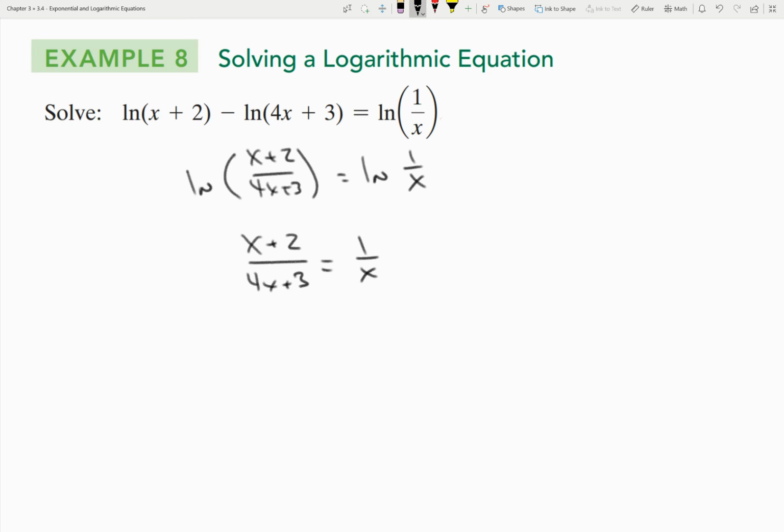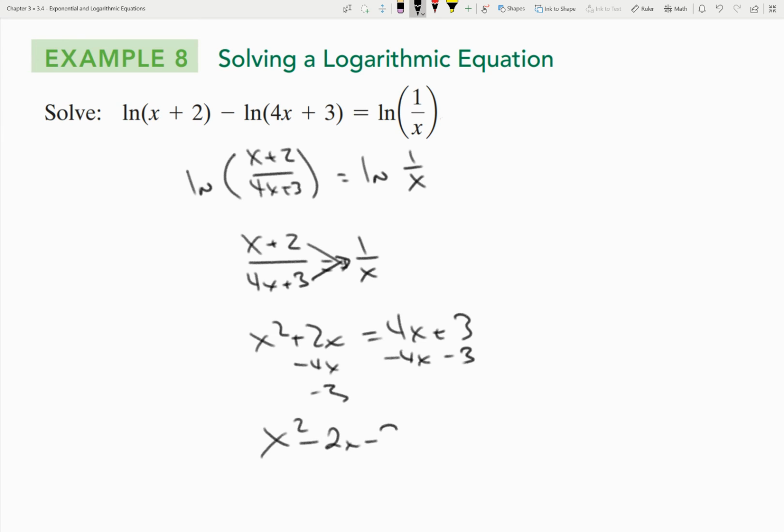I'm going to just solve this with a proportion technique, cross multiply. So we go this way, x squared plus 2x, this way is equal to 4x plus 3. I see an x squared there. I'm going to set it equal to 0. So x squared minus 2x minus 3 is equal to 0.